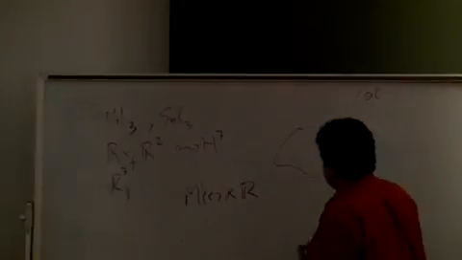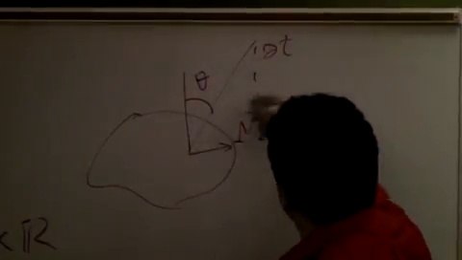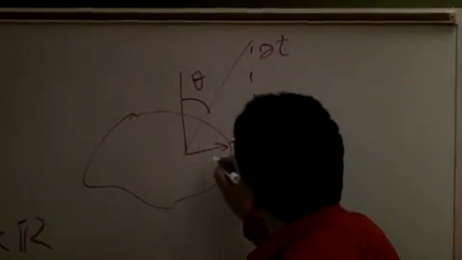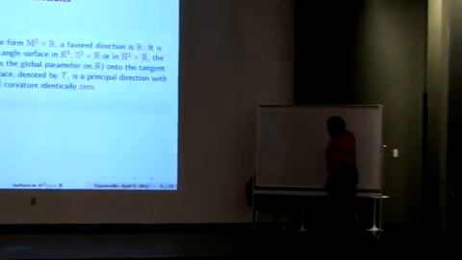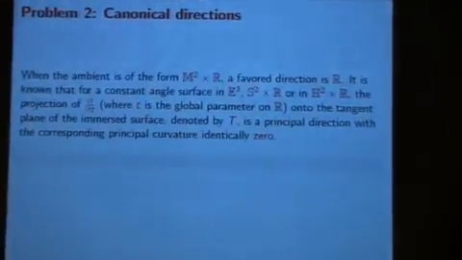So the angle is measured between the normal of the surface and it will here theta. And if we project this fixed direction onto the tangent plane to M, we have here, let's call it T. And the main property of this surface is that T is principal direction, and the corresponding principal curvature is 0.